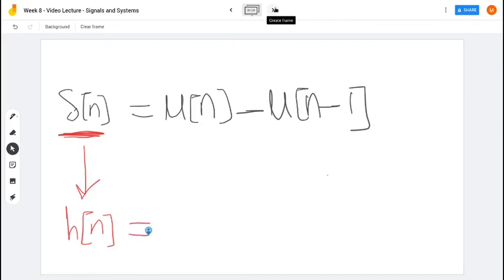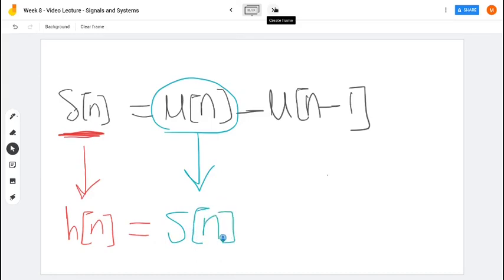And the property of linearity implies that if an input is a summation or subtraction of two inputs, then the output would be the summation or subtraction of the corresponding outputs. So the output for the input u of n is the step response S of n, and the output for u of n minus 1 is a shifted step response.